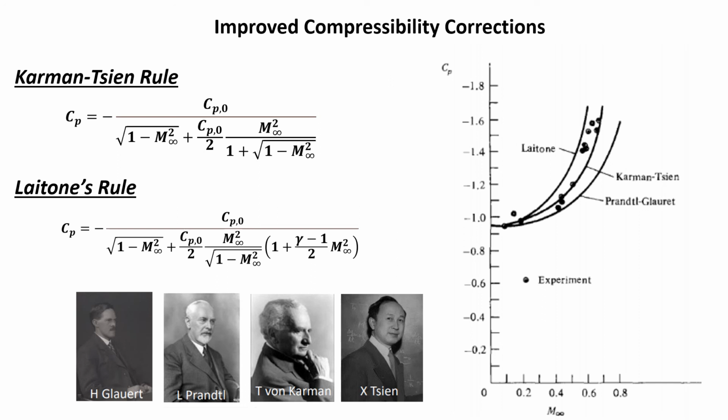So Ludwig Prandtl is the first generation, and then Theodor von Karman is his student, and Tsien is also von Karman's student. So you see the continuation of the aerodynamic study in that group.